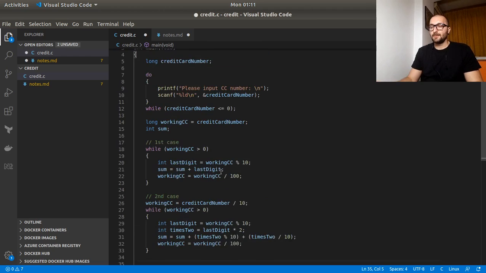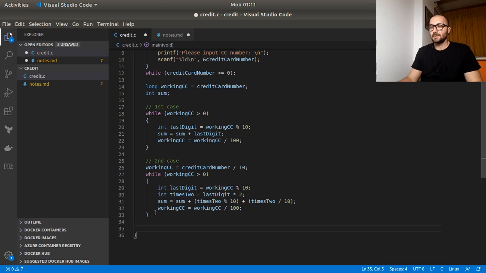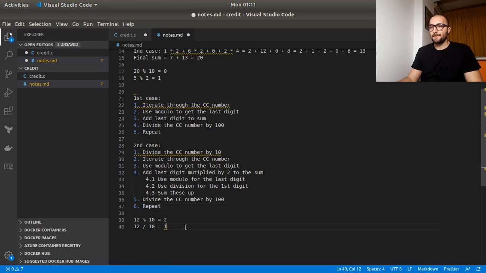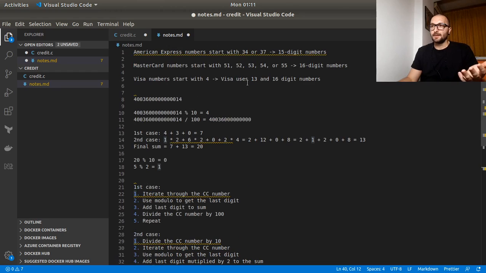And now basically we have the sum. What do we need to do? We will check for a condition as well, but one thing is we need to take care of these conditions as well. So how do we get the first or the first two digits of the number?